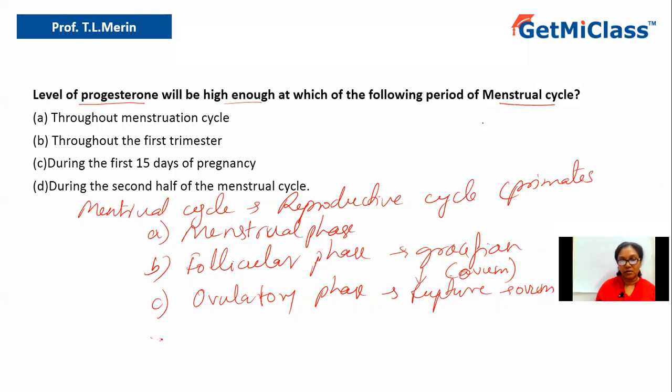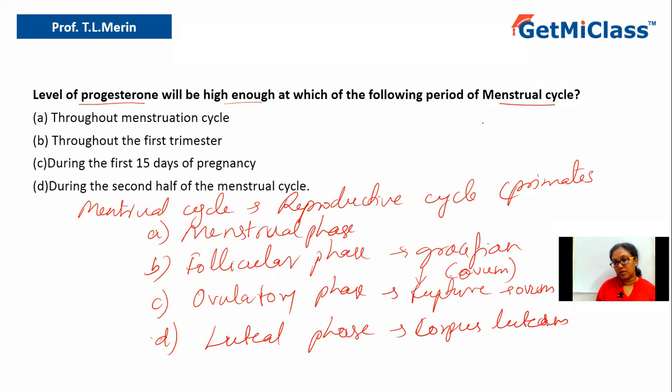Once the Graafian follicle ruptures, it gets converted to corpus luteum, and that is called the luteal phase. During this phase, as I told you, the Graafian follicle gets converted into corpus luteum.